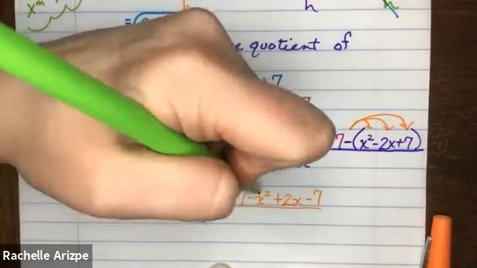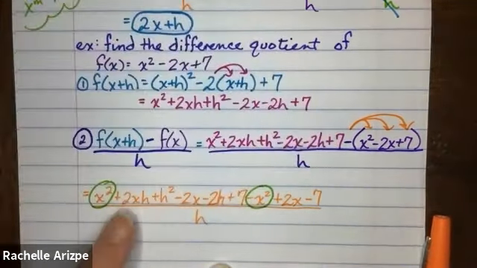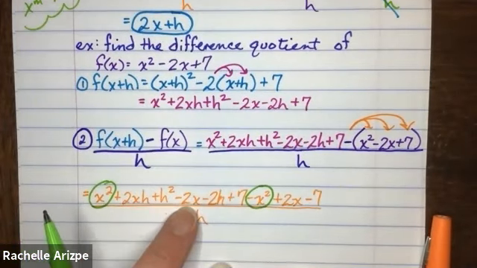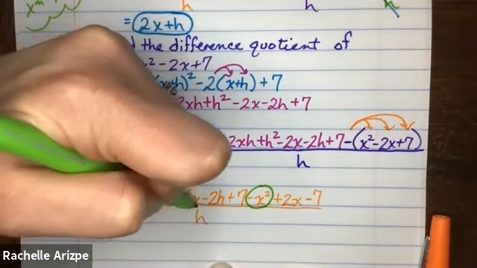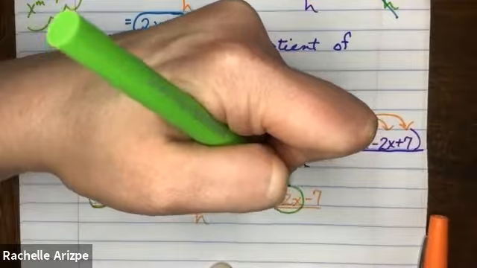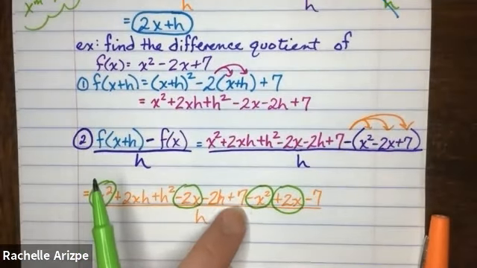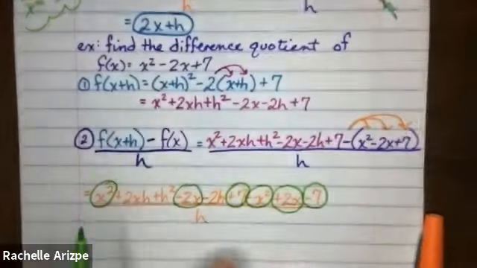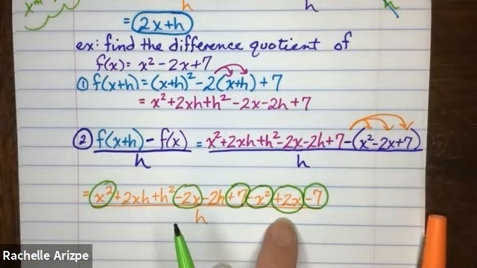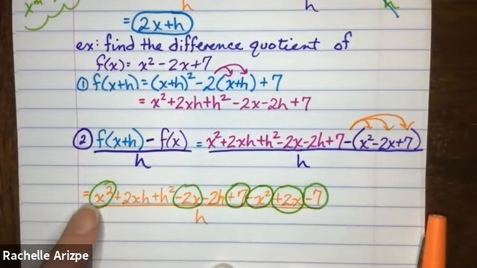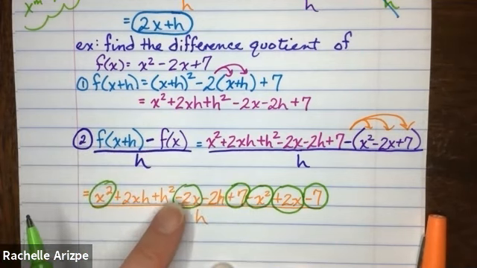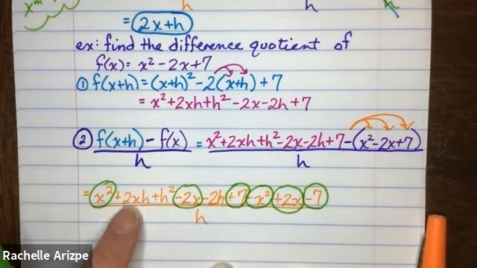X squared cancels with negative x squared. I don't have a counterpart for 2xh, h squared, but negative 2x cancels with positive 2x, minus 2h, plus 7 cancels with negative 7. So what you'll notice is that every time these terms from f of x should cancel with terms from f of x plus h. And each of these leftover values have an h in them. That should happen every time.